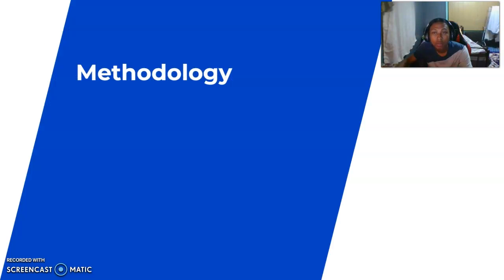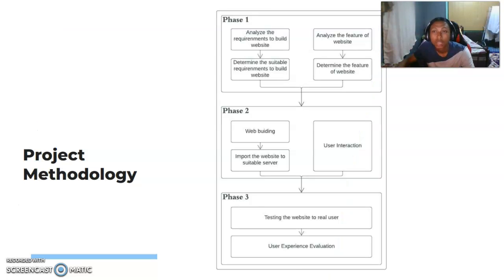So that is the chapter; next, I will explain about the methodology. As you can see, it is the figure of my project methodology. It starts from phase 1. In phase 1, this project will analyze the requirement to build the website, and at the same time analyze the features of the website.